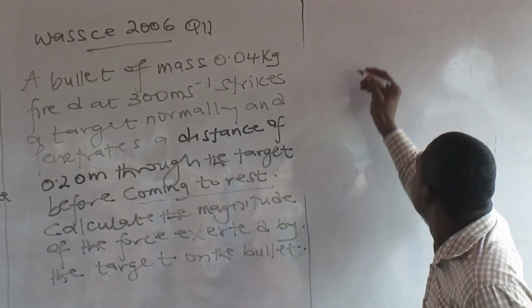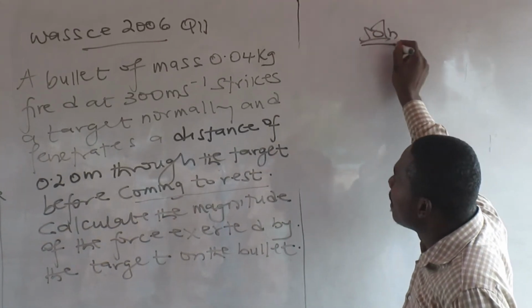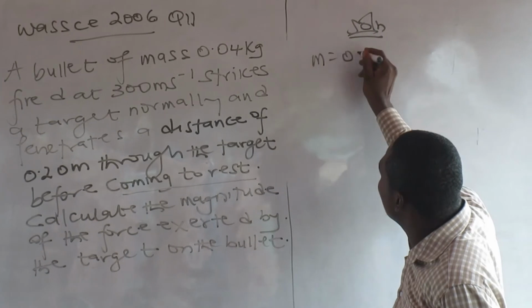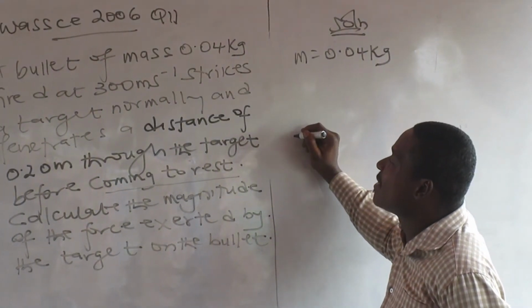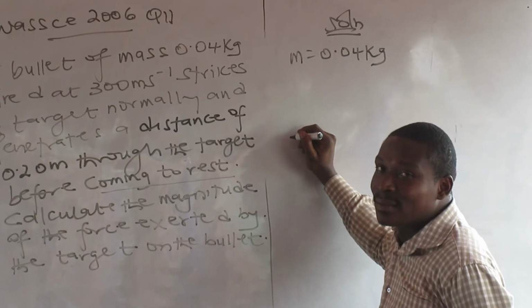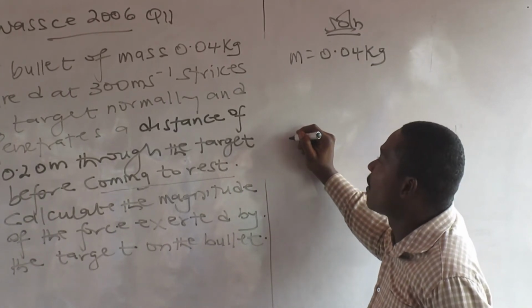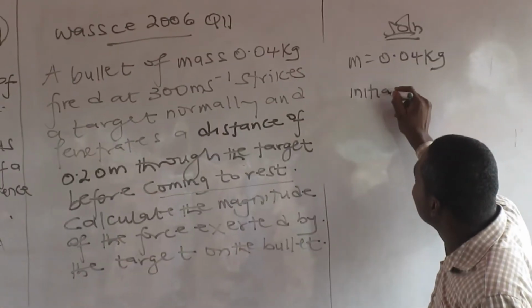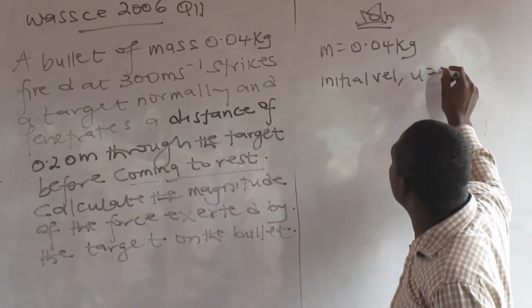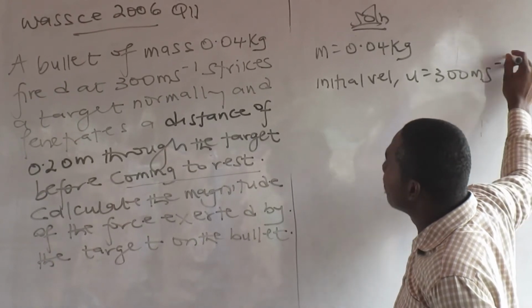Solution. A bullet of mass, there's the mass of the bullet, is fired at 300 meters per second. Now that's the top speed, 300 meters per second, right? That's initial velocity. Initial velocity u, 300 meters per second.